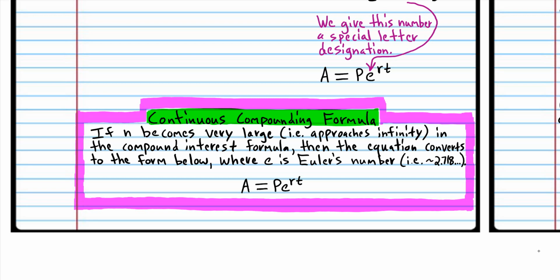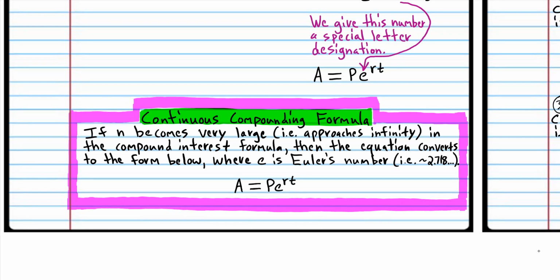Now I said an infinite number. Infinity is not really a number, but you know what I mean. We compound it continuously, every millisecond, a bazillion times every millisecond, a quadrillion times every millisecond, and more.